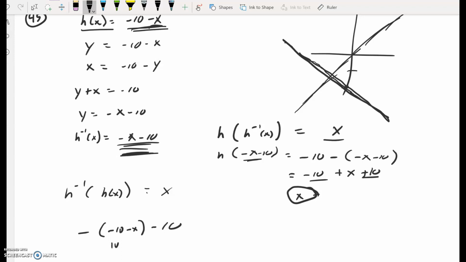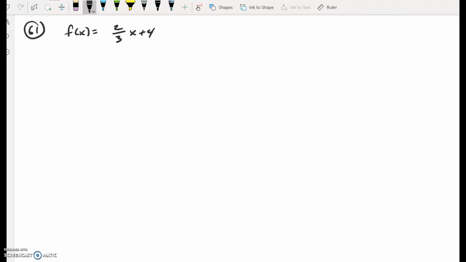And we get 10 plus x minus 10, which equals x. And so there's algebraic proof that these two are in fact inverses of each other, even though they're the same function. It's kind of weird.